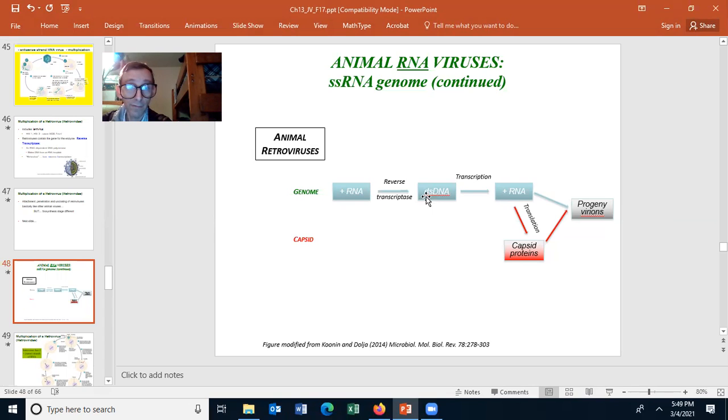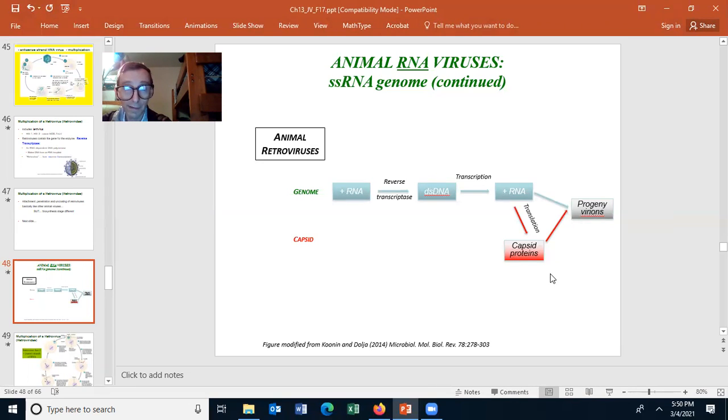That viral DNA in the host DNA can be transcribed, making positive single strand RNA, which can be used by the ribosome, so it moves out of the nucleus into the cytoplasm.